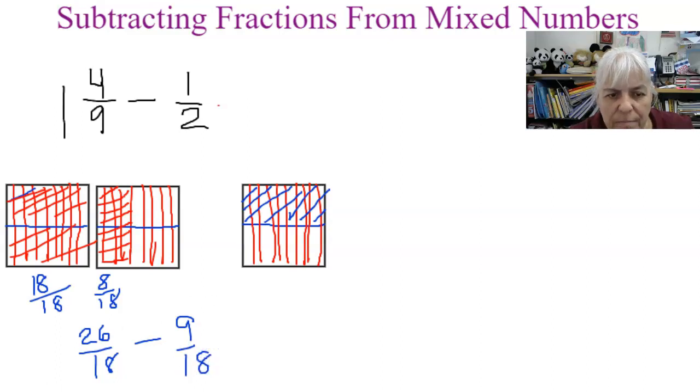All right. So 26 18ths minus 9 18ths is 17 18ths. Check 17 and 9 is 26. Yeah, 26 minus 9, 17 18ths.